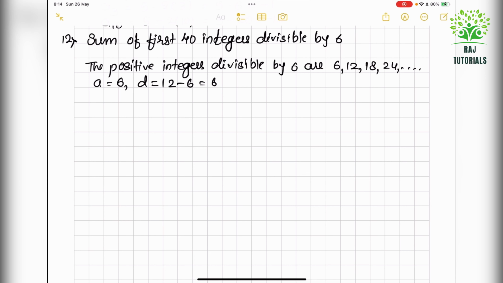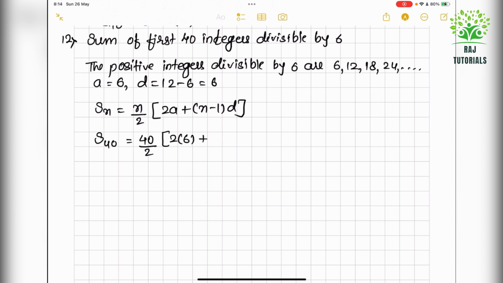So now he has asked me the sum. So Sn equal to n by 2 into 2a plus n minus 1 d. Here n is 40. So S40 equal to 40 by 2 into 2 into 6 plus 40 minus 1 into 6.